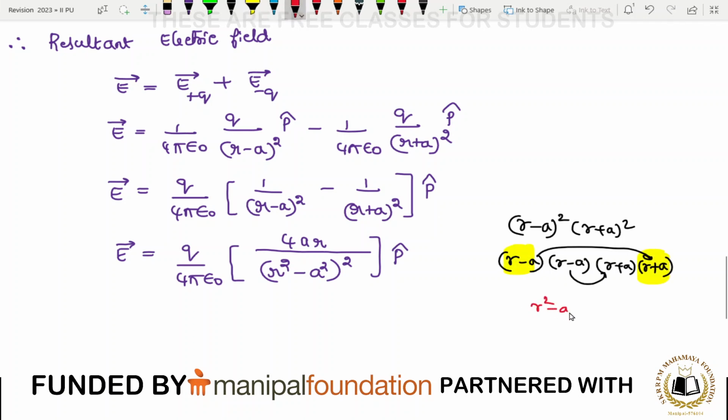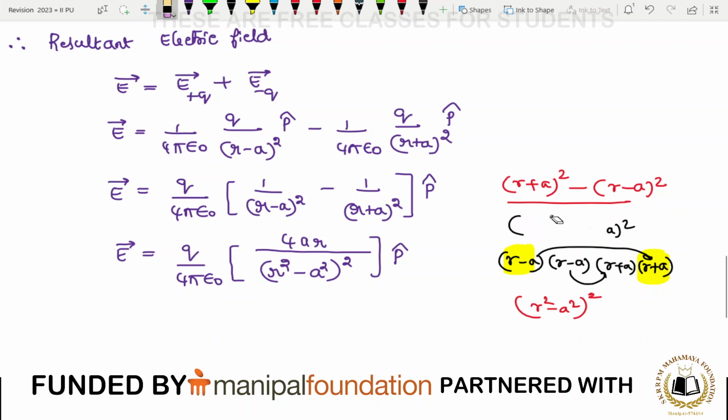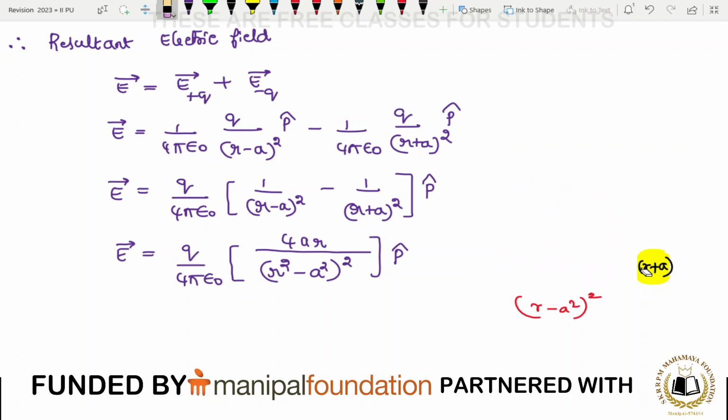R square minus A square, correct? And this also gives the same thing, so it becomes the square, that is what is written in the denominator. And this term will go to the numerator here, R plus A whole square minus R minus A whole square. Square this one and solve this one. So what value remains? 4AR remains. If you want, you can try like this.